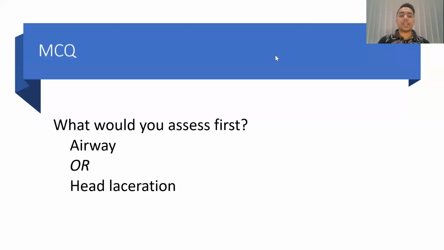Your airway is the first thing that you want to secure, because if a patient comes in, regardless of what the concerns are, if the airway is not secure, that is the one thing that is going to kill them faster than anything else in the body system. So you want to make sure that the airway is secure first, and then do your assessment accordingly.